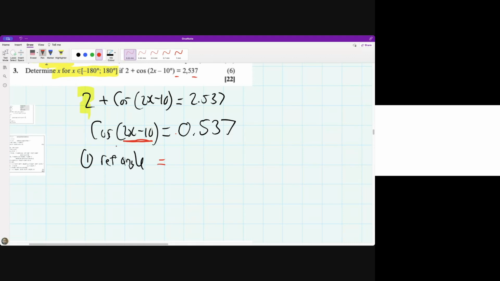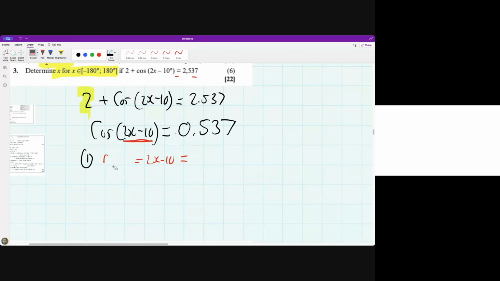Actually, let's make this the reference angle. All we're going to do is add this now. So when we say reference angle, we are saying what is 2x minus 10 actually equal to?